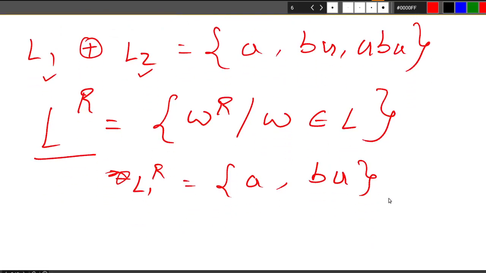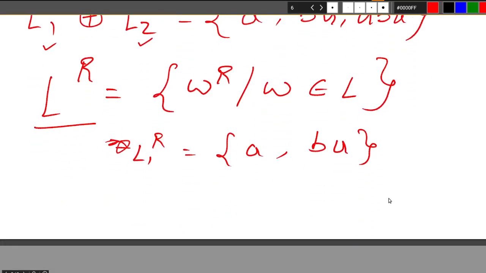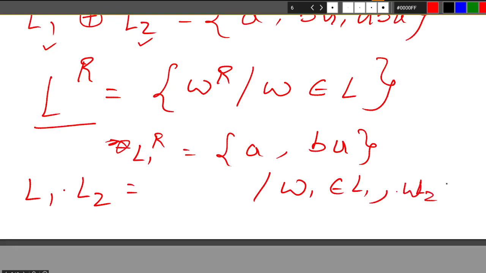Now similarly, I will tell you concatenation of languages, L1, L2. What will it be? Suppose W1 was an element of L1 and W2 was an element of L2, right?